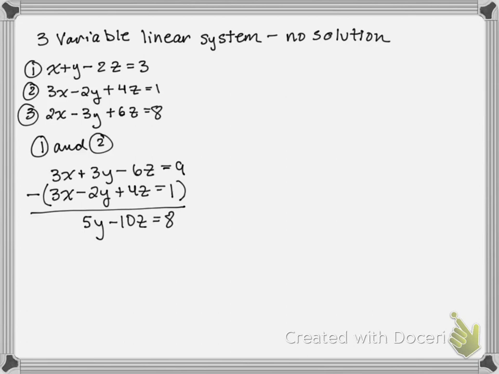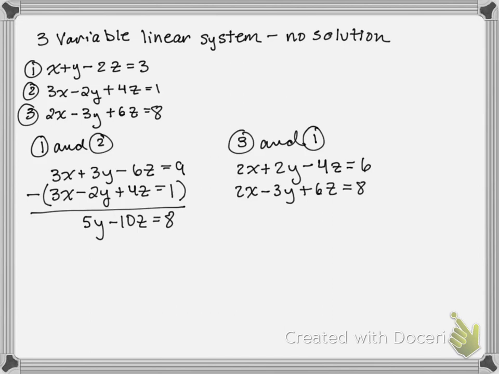Now the next thing is, since I used equation 1 and equation 2, I have to use equation 3, and I can combine that with either of the other two. I like the idea of multiplying the first equation by 2 so that I can match up the x's and eliminate that. So I'm going to work with the first equation and multiply that equation by 2.